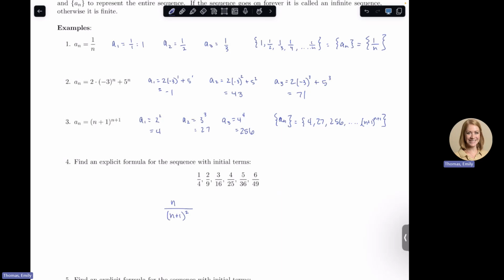This starts with n greater than or equal to 1. So this sequence could be written as a sequence, or you can write a sub n equals n over n plus 1 squared.